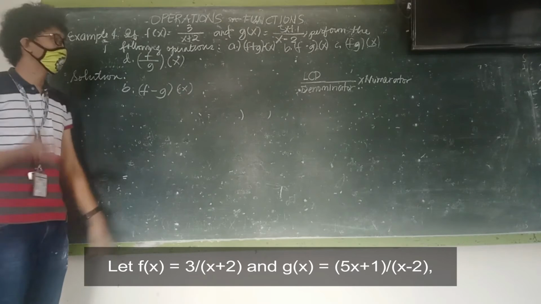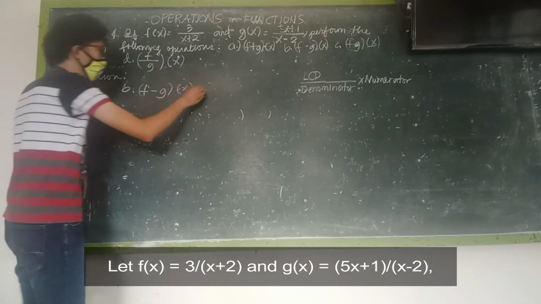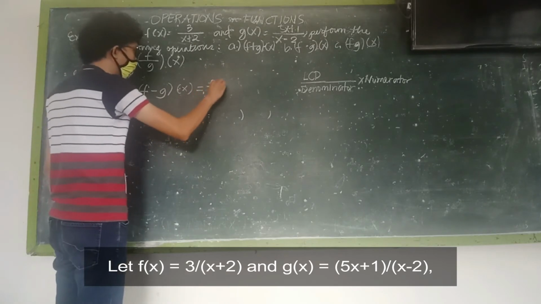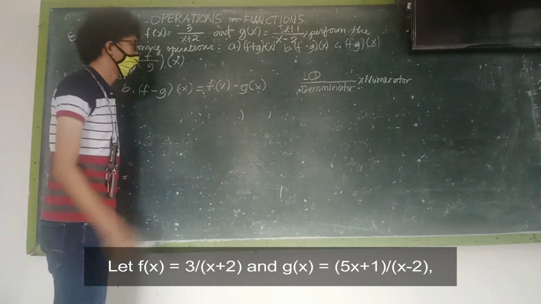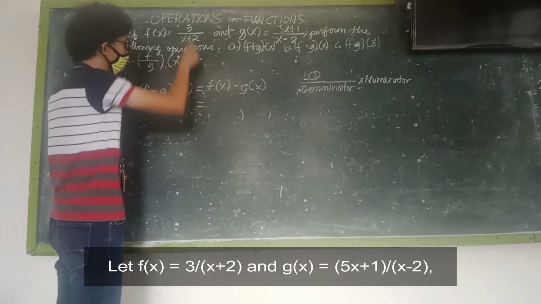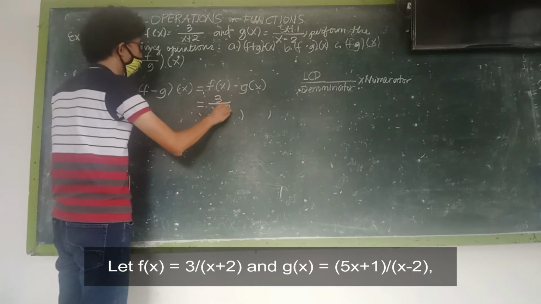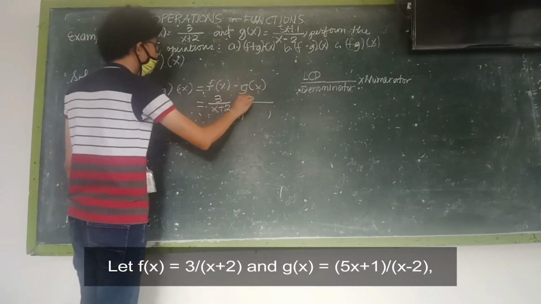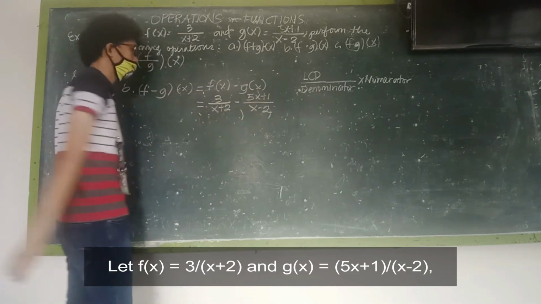So, we have here letter B, f minus g of x. So, this is equal to f of x minus g of x. Then we have substitution tayo. 3 all over x plus 2 minus 5x plus 1 all over x minus 2.